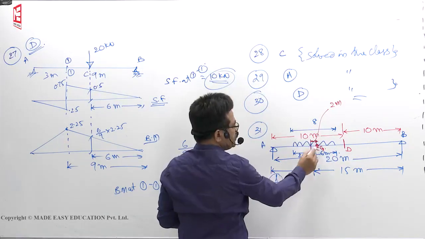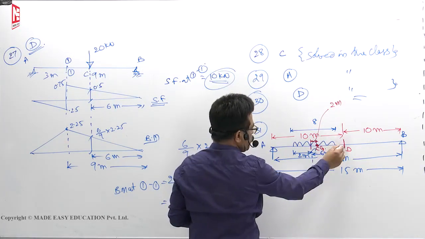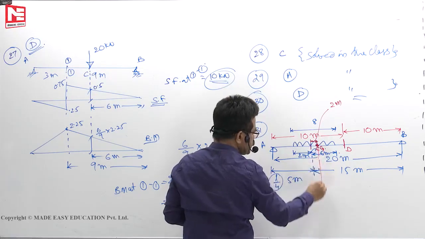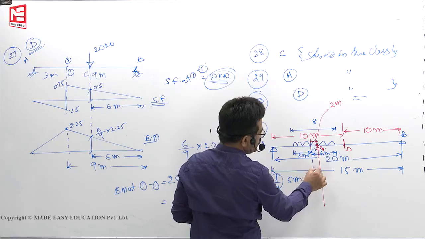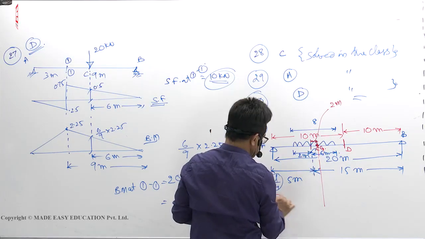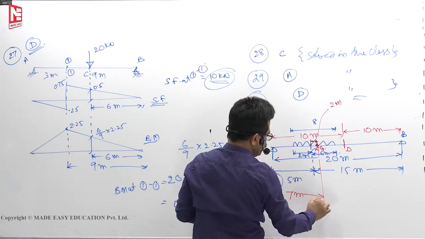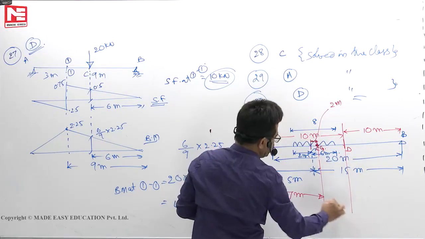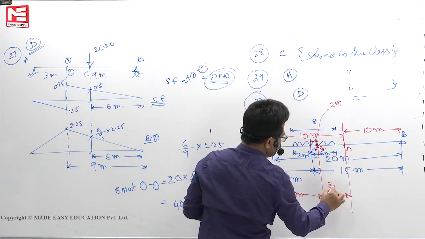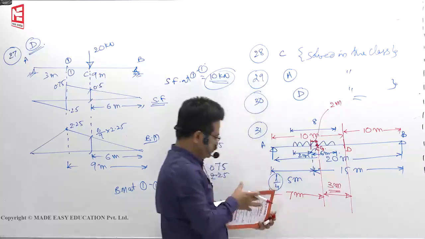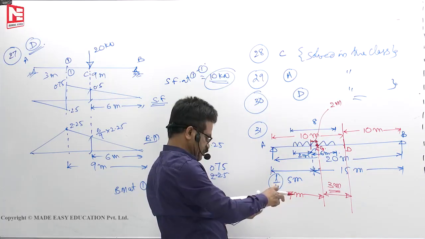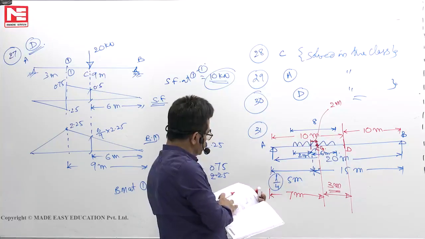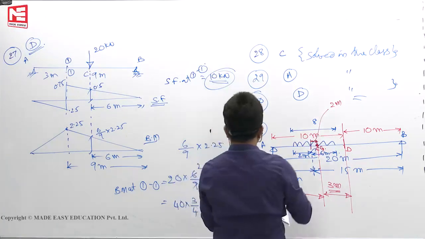Now he is asking from CG to D. From here to here 5 meters, another 7 meters. CG is 10 meters, so from here to here how much is left out? 3 meters. So the correct answer is 3 meters. This is simply finding the distances, that's all. So you will get 31 as 3 meters.